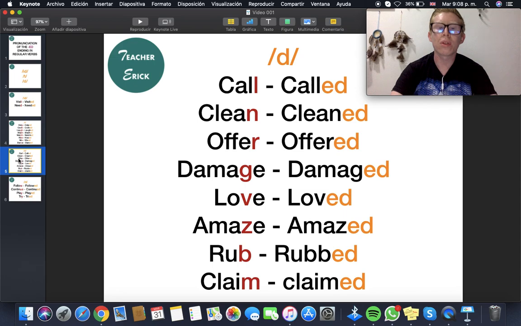Love, loved. Amaze, amazed. Rob, robbed. Claim, claimed. So whenever we have these endings of the verbs, the ones that are in red, we pronounce the ed like d.